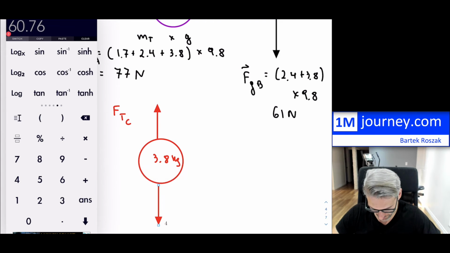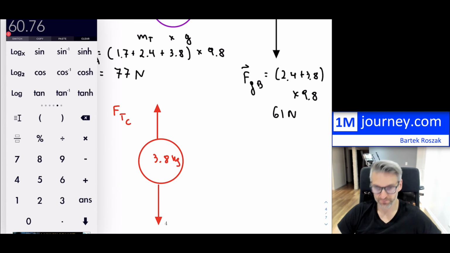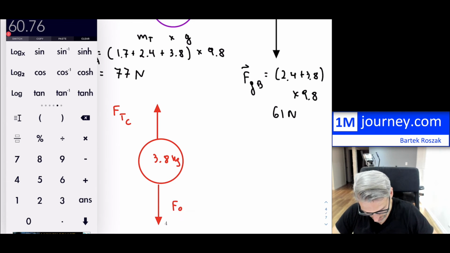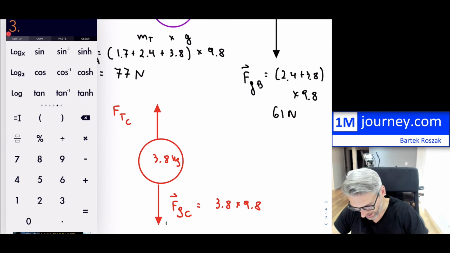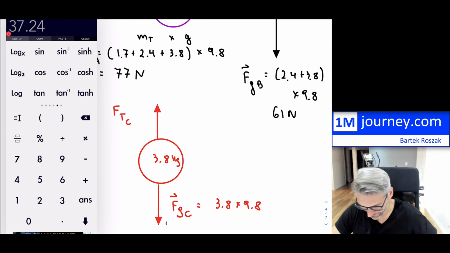Of course, these should be perpendicular here, or opposing each other. So this force of gravity on C is nothing else but just 3.8 times 9.8, so that's about 37 newtons.